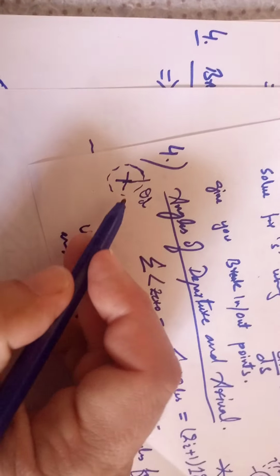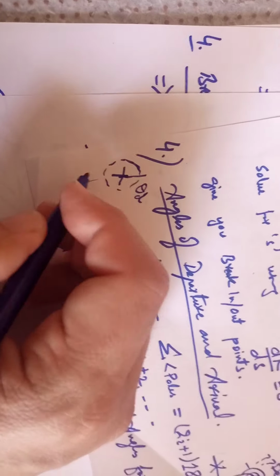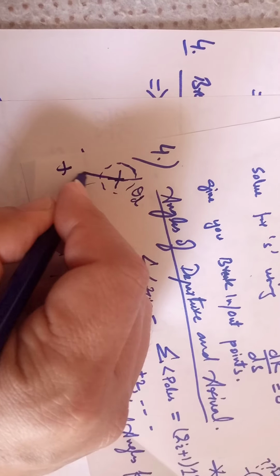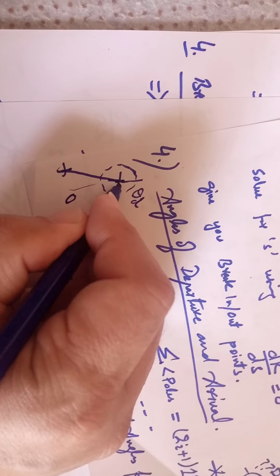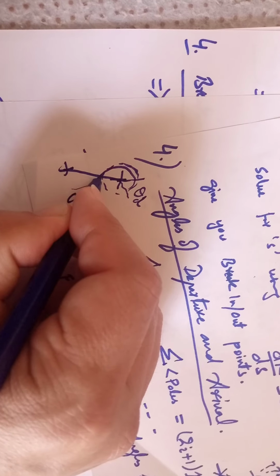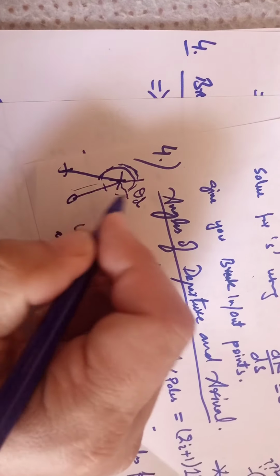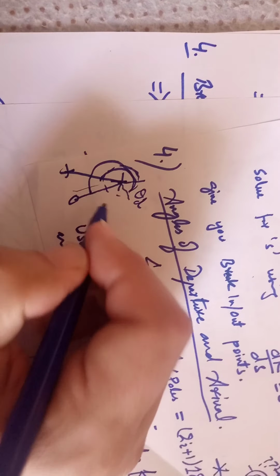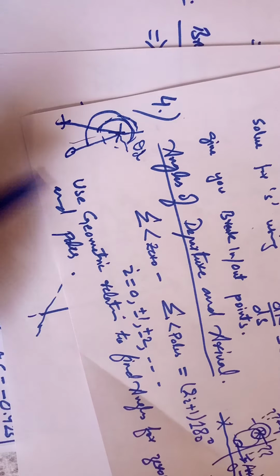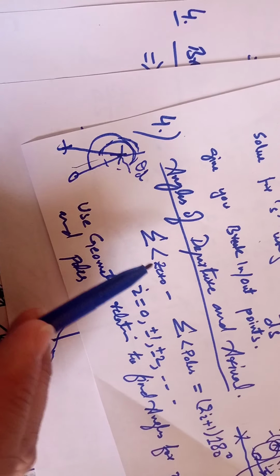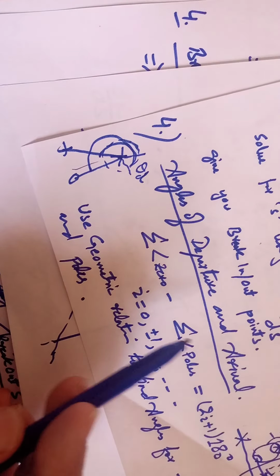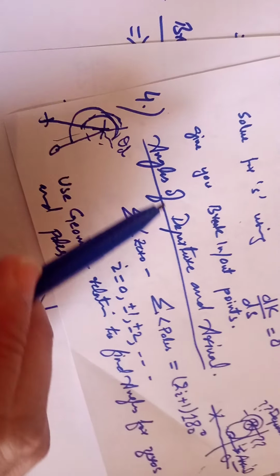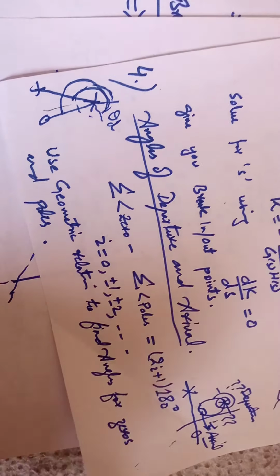So now from this angle, if we have different poles and zeros, we just draw a line and try to calculate the angle, and from this angle we put the values here. If it is a zero, we put the zero angle here. For a pole, we subtract the pole angle and put it equal to 180 degrees and solve it. We can easily calculate the angle of departure and arrival.